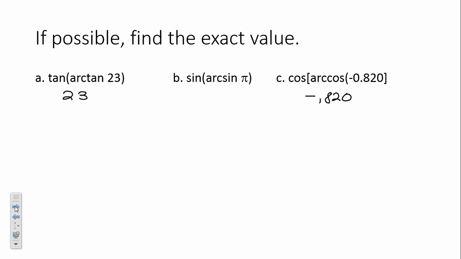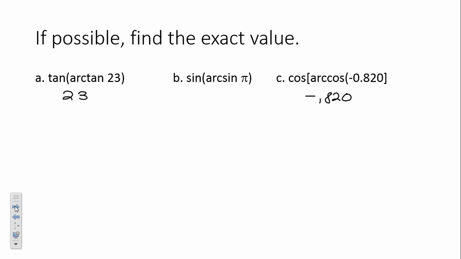But it's not possible to take the arcsine of pi because we're restricted, aren't we? Between -pi/2 and pi/2. And we're saying, tell me an angle whose sine is this number. We're outside of our domain here. But this one, we're okay again. And we plug it in.